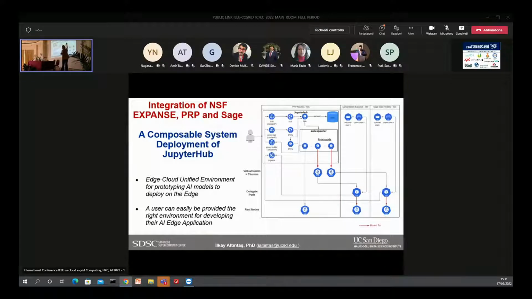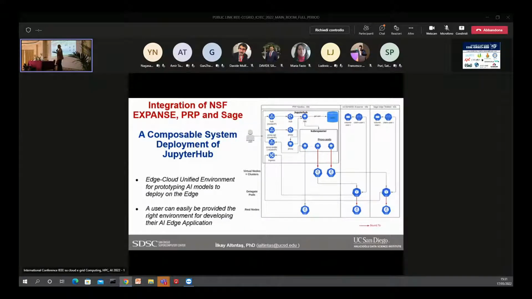Expanse and Nautilus have K8s, which is the real Kubernetes, and K3s, the lightweight Kubernetes, was applied in Sage to turn that also into a cluster we can combine with these resources.